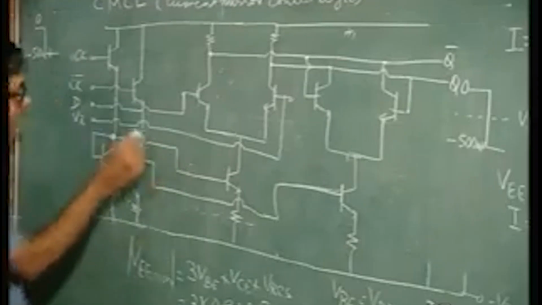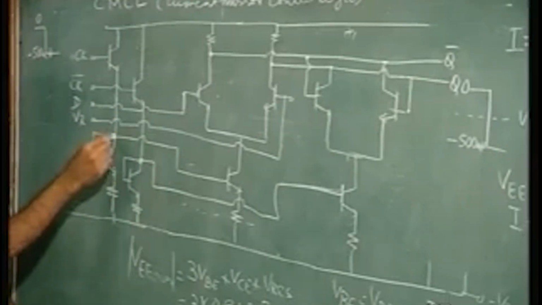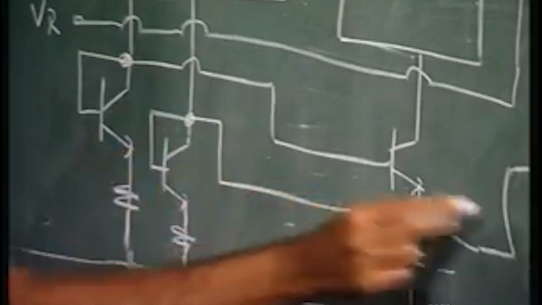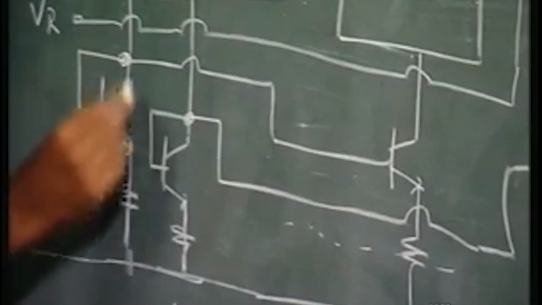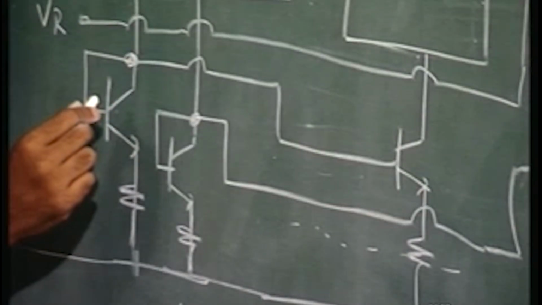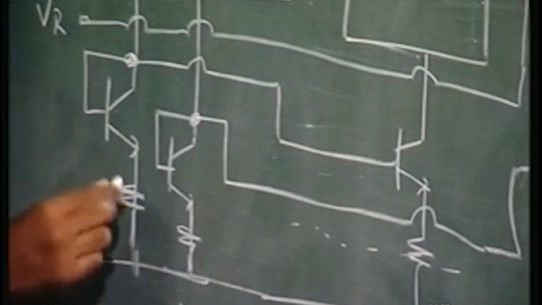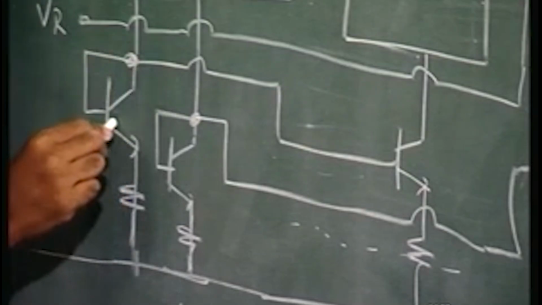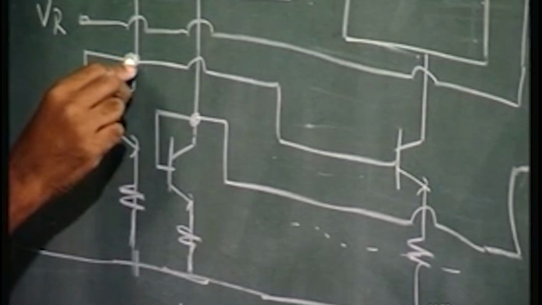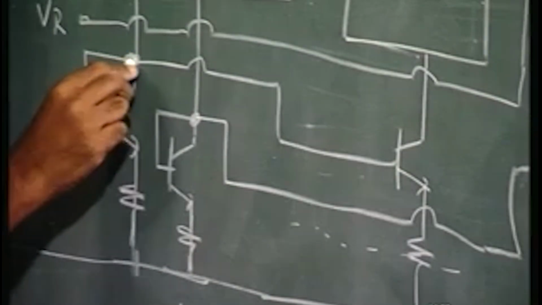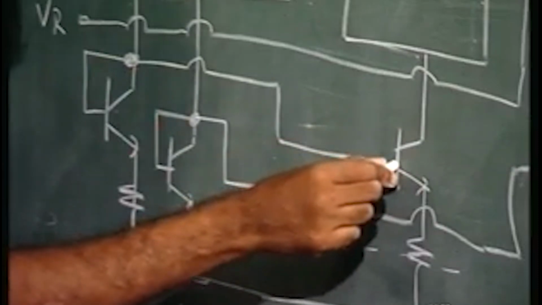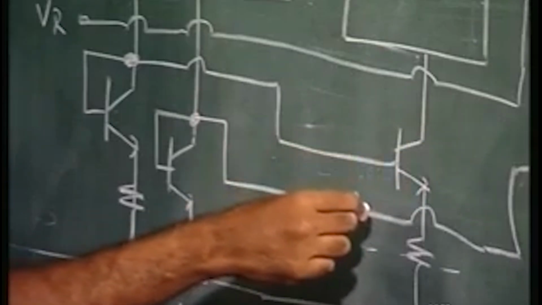Now you see, this is the current mirror arrangement: this transistor and this transistor, and this is another current mirror arrangement. Basically you have a diode configuration here, the collector and base shorted, and whatever current is flowing here. If this transistor is on, this voltage here is going to be high, which would mean this transistor's VBE will be high, and this is going to be on.